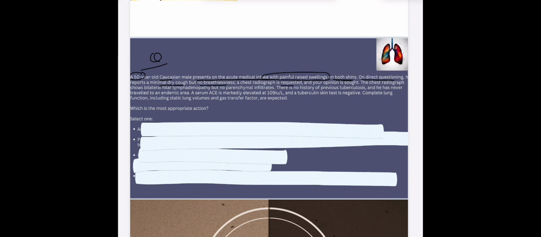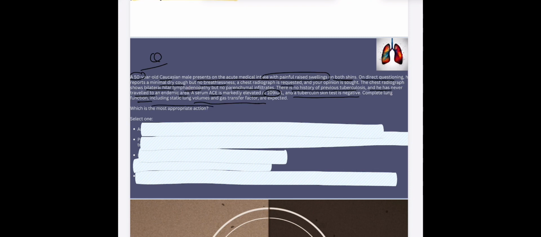The chest radiograph shows bilateral hilar lymphadenopathy but no parenchymal infiltrates. There is no history of previous TB and he has never traveled to an endemic area. His serum ACE is markedly elevated, 109, and a tuberculin skin test is negative. Complete lung function including static lung volumes and gas transfer factor are expected.